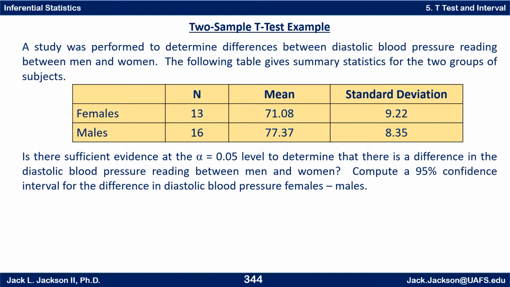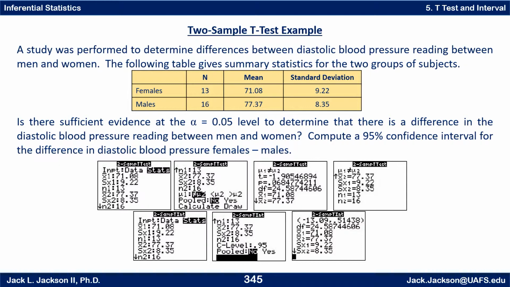Is there sufficient evidence at the alpha equals 0.05 level to determine that there is a difference in the diastolic blood pressure reading between men and women? Compute a 95% confidence interval for the difference in diastolic blood pressure for females minus males. So females minus males, that means females is group 1, males is group 2 when we put it in our calculator.